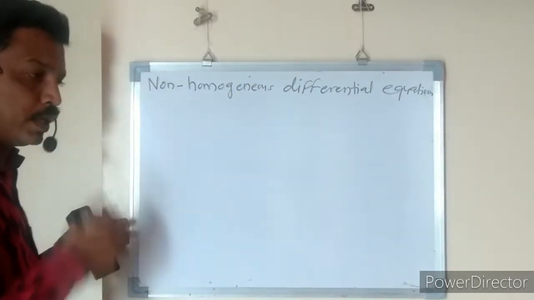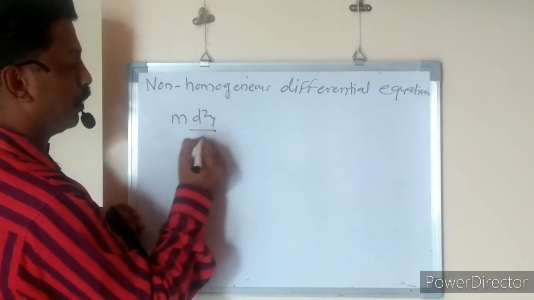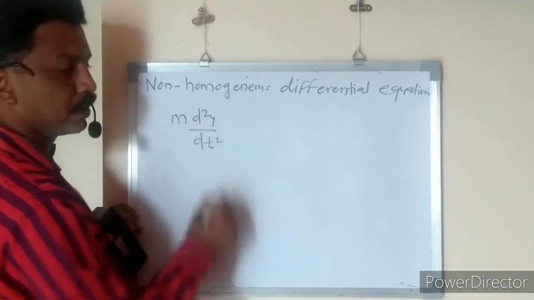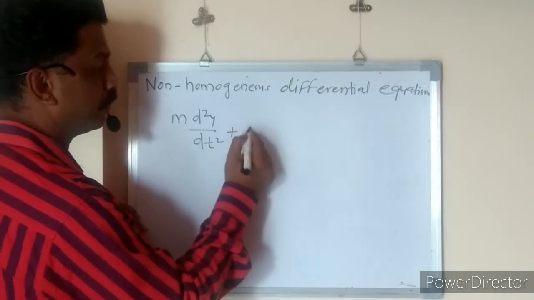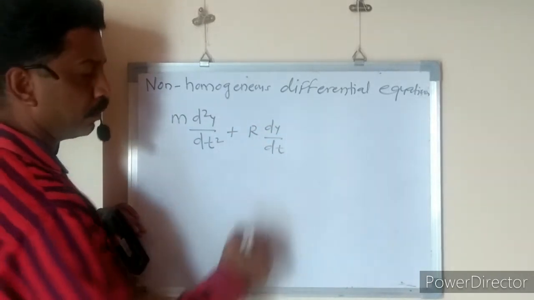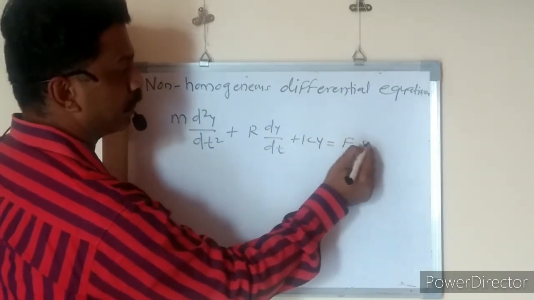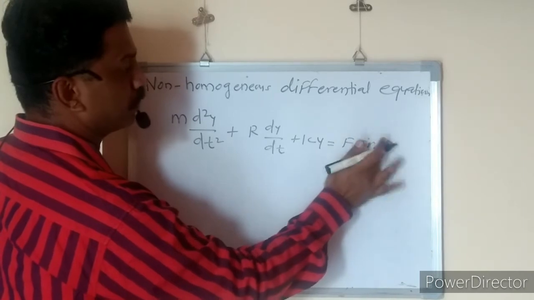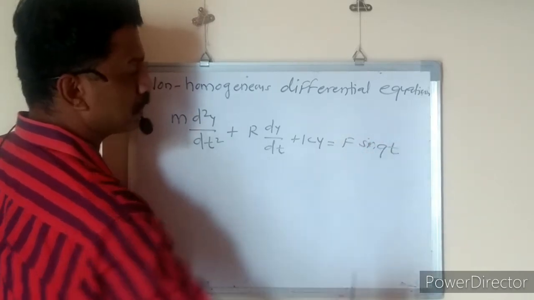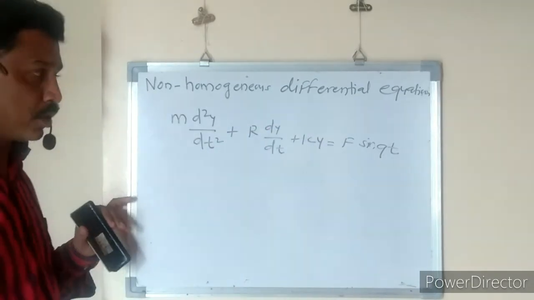The equation, if we take m d2y by dt square plus r dy by dt plus ky equal to f sin qt. This is the equation of forced oscillation.